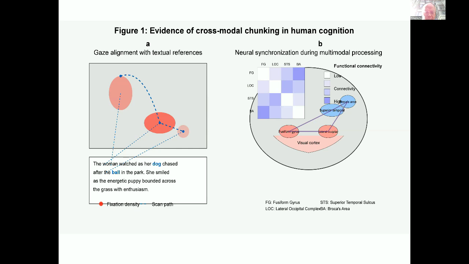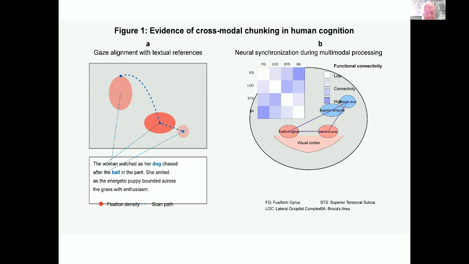And then let's move to 1B. Figure 1B shows the neural basis of this cross-modal chunking. On the left side, you can see the connectivity matrix between different brain regions: the fusiform gyrus FG, the lateral occipital complex LOC, the superior temporal sulcus STS, and the Broca area.